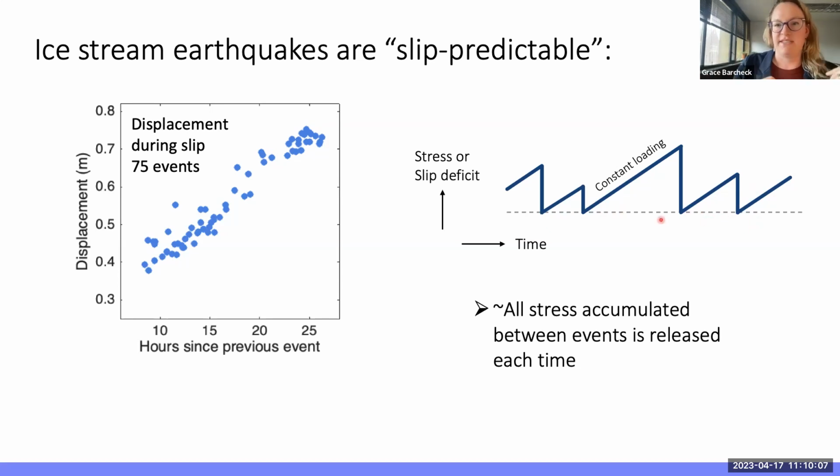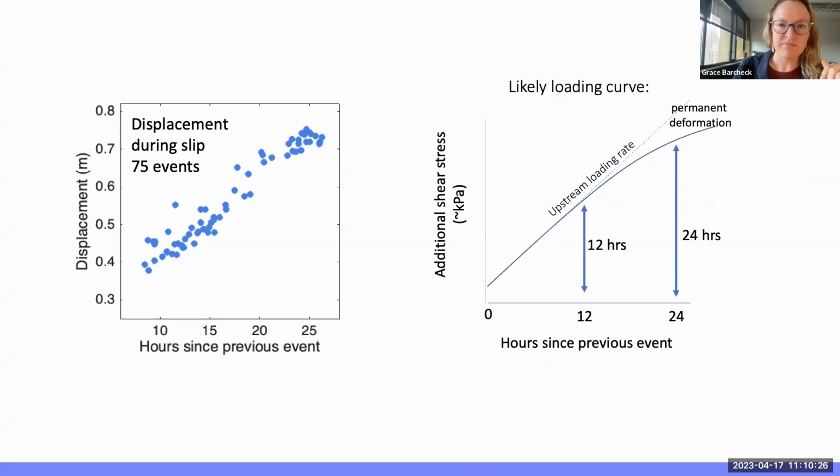So effectively it resets the system to start reloading from the same place each time. And that apparently is what happens on the glacier, which is interesting on its own, but it's also really useful because it means that even though we don't necessarily know the level of shear stress on the fault, we can have a relative sense of shear stress depending on how long it has been since the previous event.